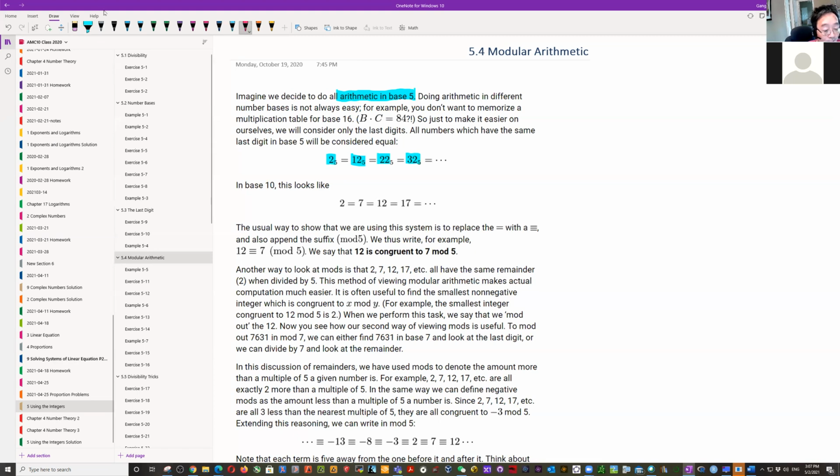All it means is that these numbers, when divided by 5, the remainder is going to be 2.